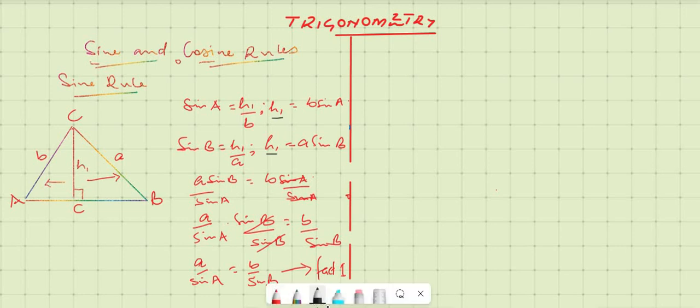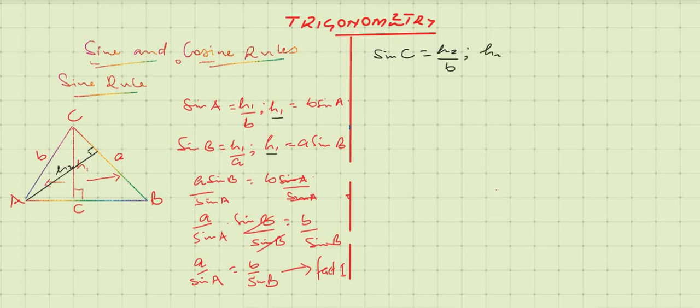But again, if we construct another perpendicular height from A, and let it land around there, so that this is H2, then studying the upper triangle, the sine of C is equal to the opposite of C, which is H2, over b, the hypotenuse of that upper triangle.